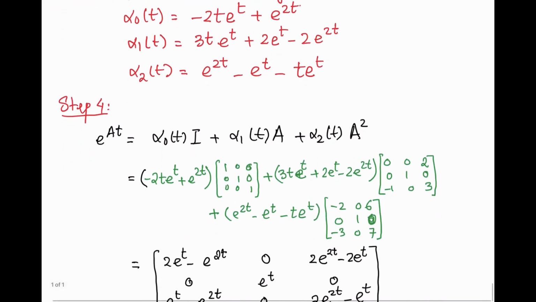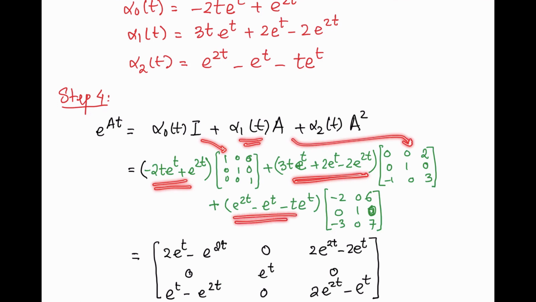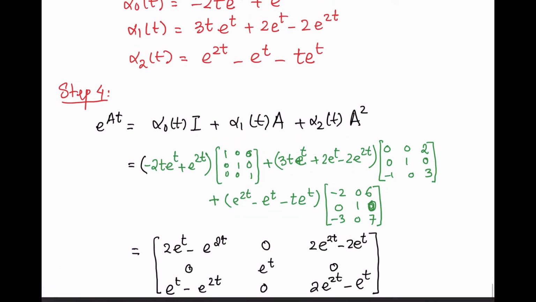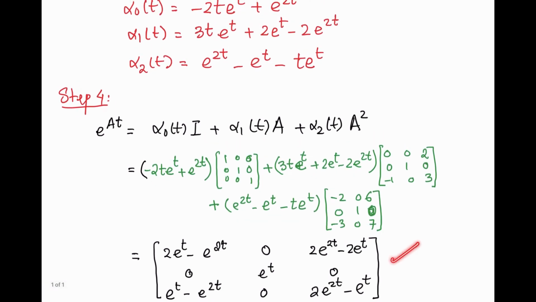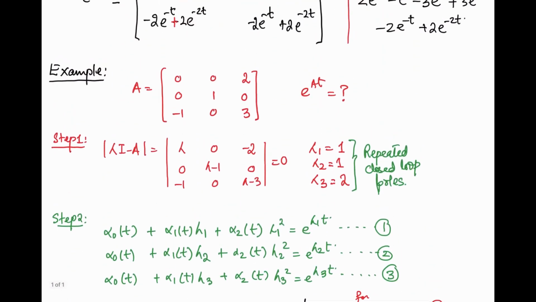Using the values obtained above and simplifying, you get this equation. So this is the state transition matrix for this particular system, for which the state matrix was this one.